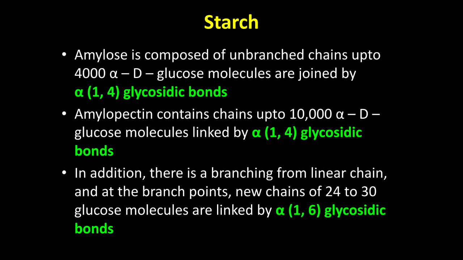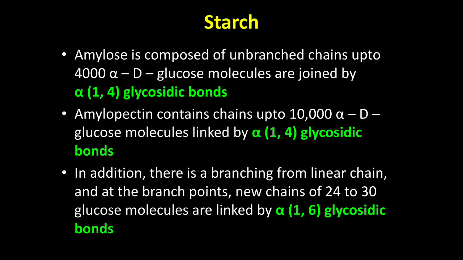Amylose is composed of unbranched chains of up to 4000 alpha D glucose molecules joined by alpha 1,4 glycosidic bonds, and amylopectin contains chains of up to 10,000 alpha D glucose molecules linked by alpha 1,4 glycosidic bonds.